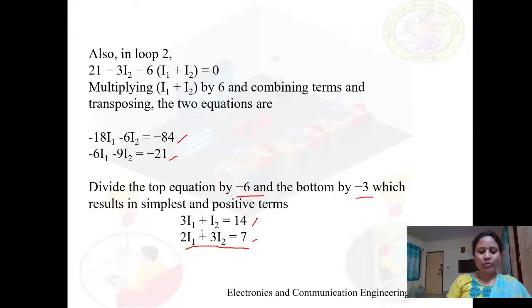So, to do that, we have to match the magnitude of any one parameter, either I1 or I2, and then we can do the subtraction in order to eliminate one parameter. The simple way is, let us take the first equation and multiply it with 3.